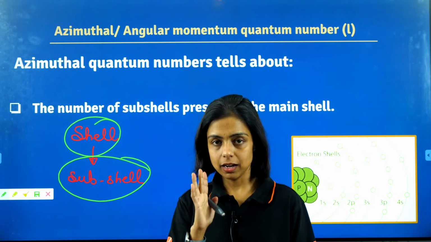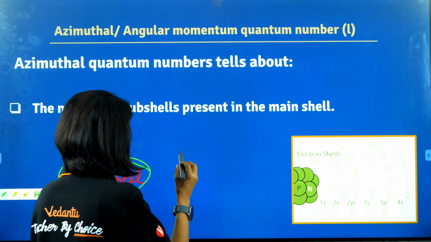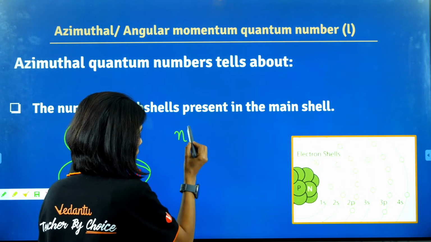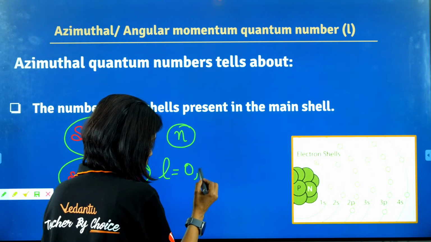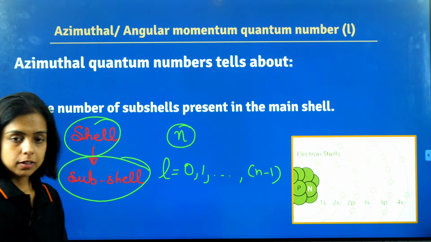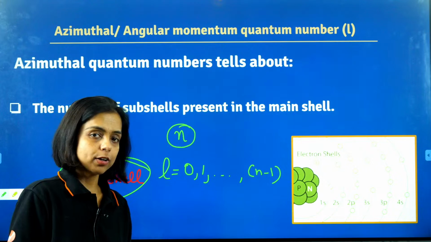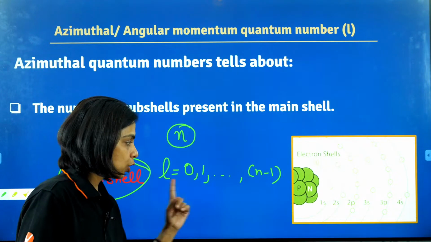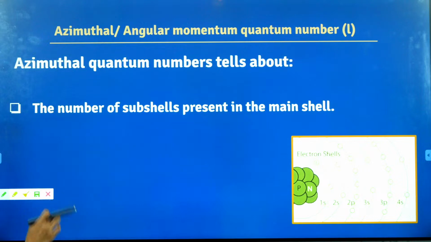My electron is present in which subshell of the second shell, that is being told by the azimuthal or angular quantum number l. So the value of l depends upon n. For a given value of n, l is 0, 1 up to n minus 1, right? So the value of l depends upon the n value, the shell value. So from 0 you go up to n minus 1, right?